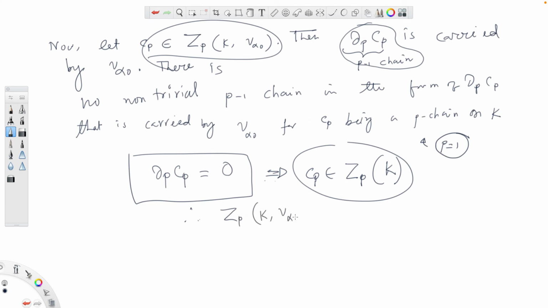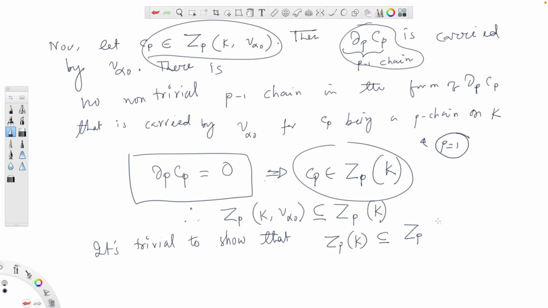Therefore we started with this and we ended up with this, which means that Z_p(K, V alpha 0) is contained in Z_p(K). It's trivial to show that Z_p(K) is contained in Z_p(K, V alpha 0), like we did before for the relative p boundaries.